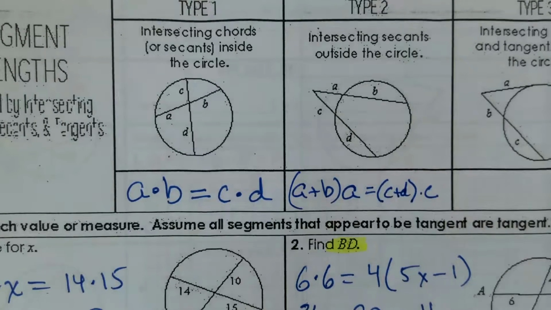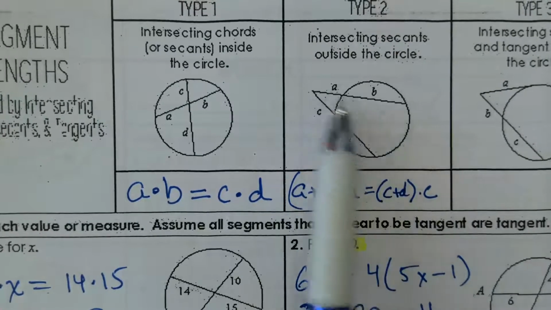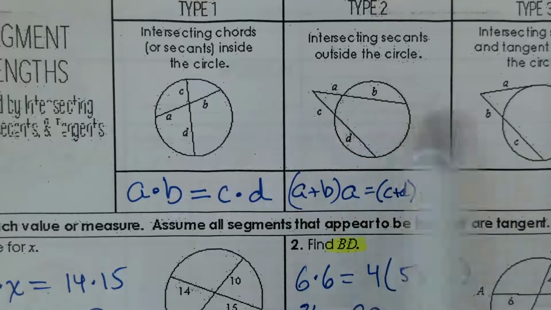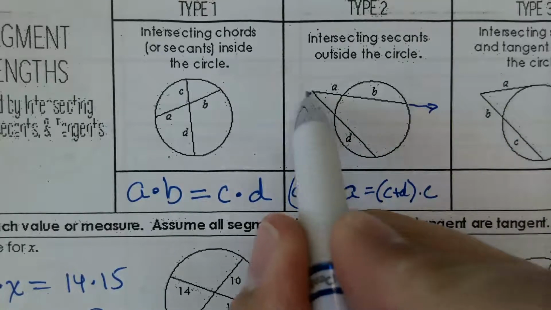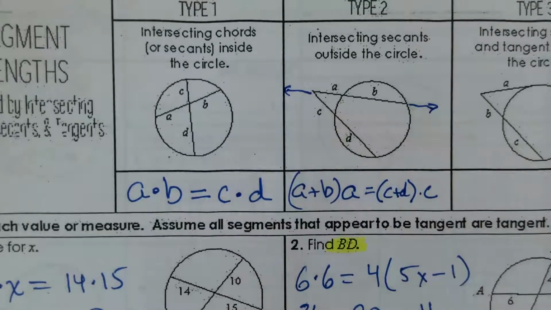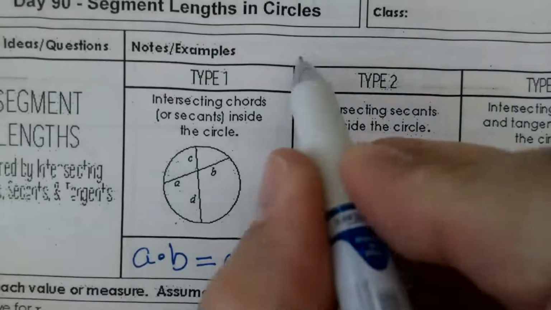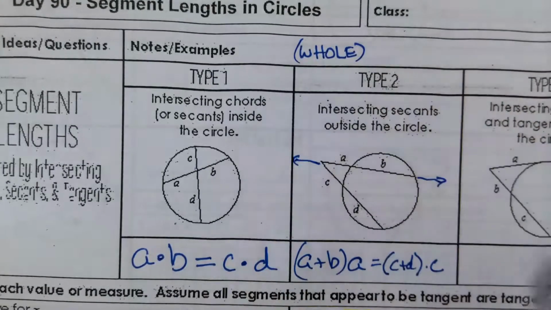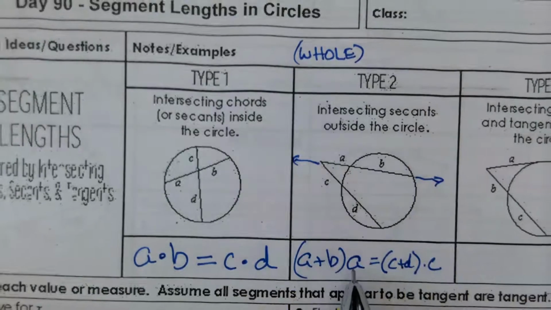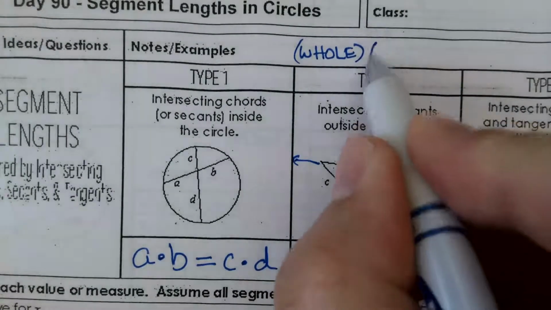So I like to think about it differently. A plus B is the entire top measurable stuff, right? This part goes out forever. This part goes out forever. So those aren't measurable. So A plus B is what I call the whole. Versus A, which is just the measurable part on the outside.